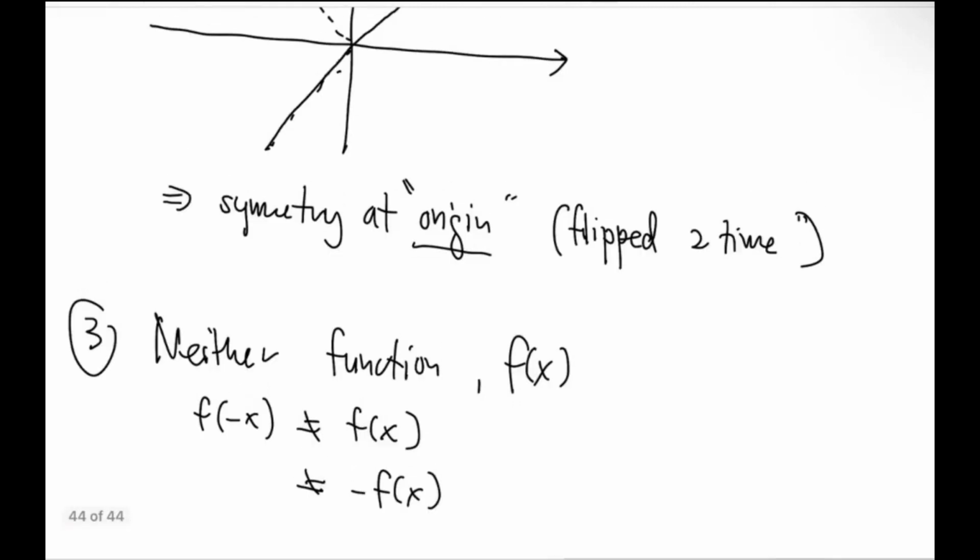So you get this is neither function. If you plot the graph, for example, this is f(x), this is x, so maybe you get this type of graph. You try to flip 1 time at y-axis or flip 2 times, you also don't get the overlapping graph. So this is a neither function.